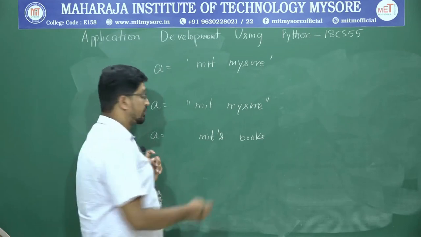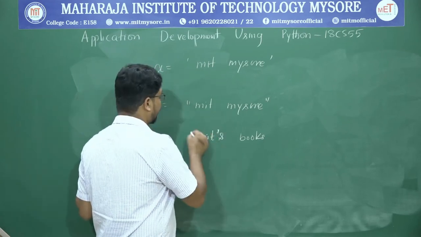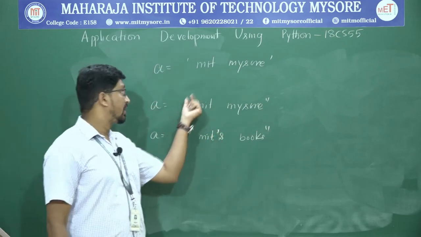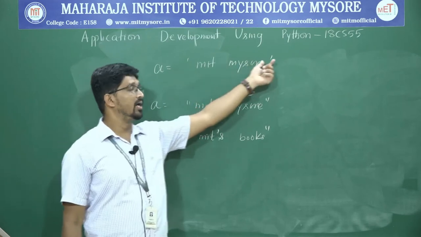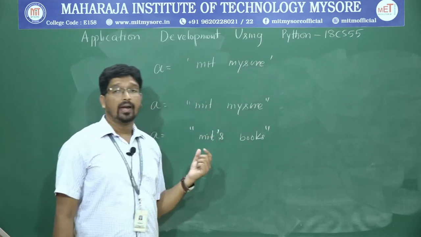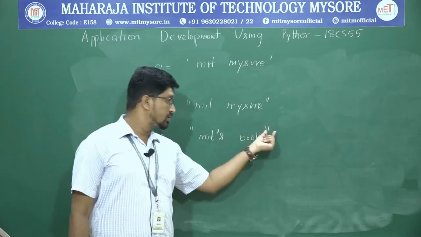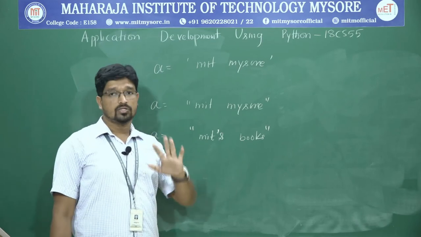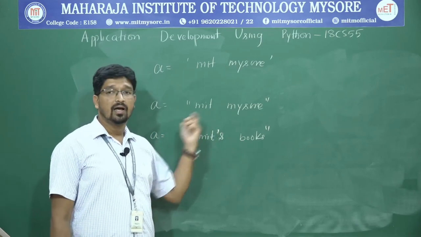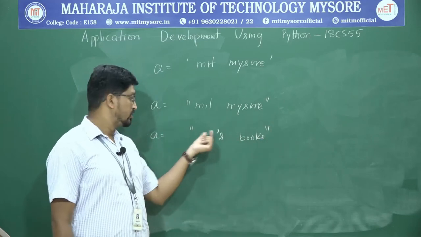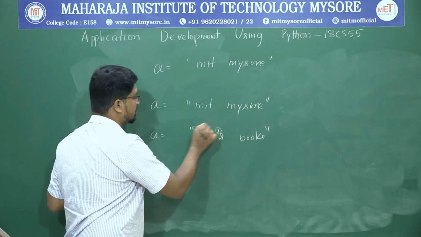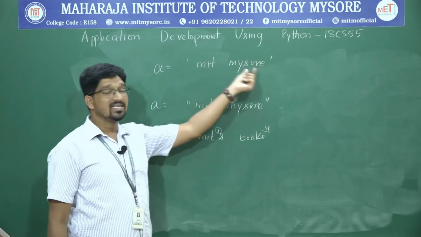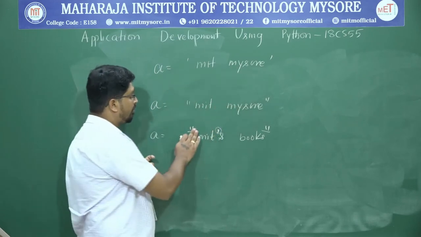How is it identified? If you enclose the string with double quotes, then the single quote is not treated as a starting or ending quote, but as an apostrophe. So if you want an apostrophe, you should enclose your string with double quotes instead of single quotes. If you enclose it with single quotes, it will be a problem.